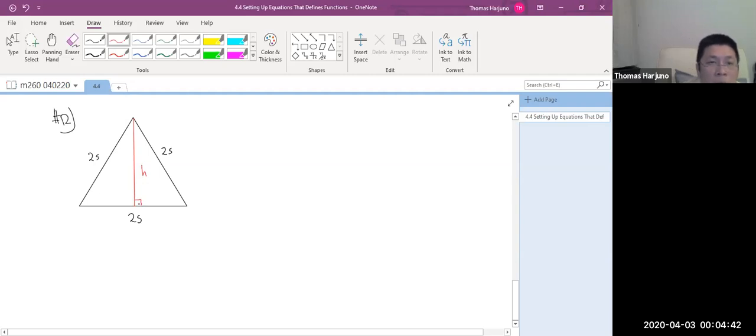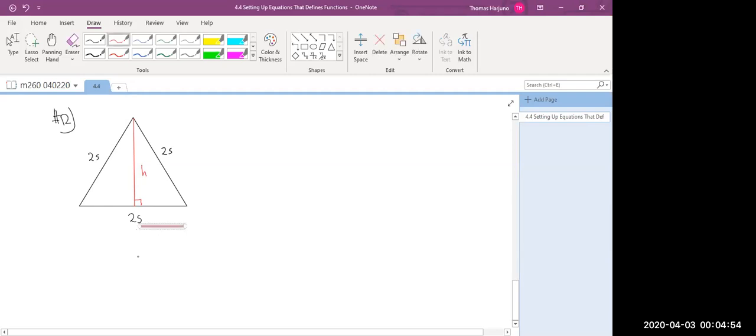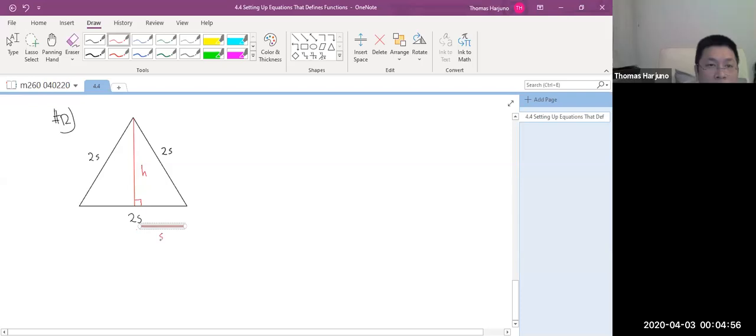But if that's the perpendicular bisector, then what will be the length from here to here? That will be s, that's right. Now you can apply the Pythagorean Theorem on this right triangle. So s squared plus h squared equals (2s) squared.